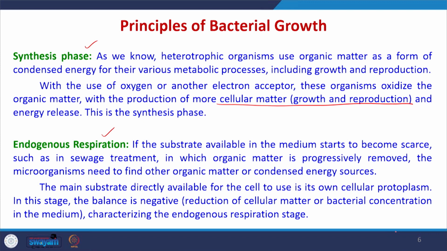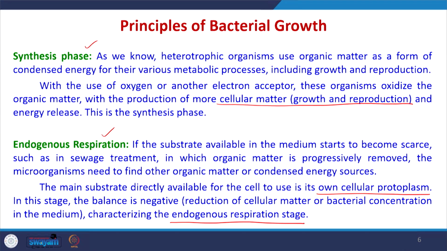So, the main substrate available for the cell to use under this condition is their own cellular protoplasm. So, they start eating themselves. In this stage the balance is negative because reduction of cellular matter is happening, or the bacterial concentration in the medium is decreasing. So, this is called the endogenous respiration stage.